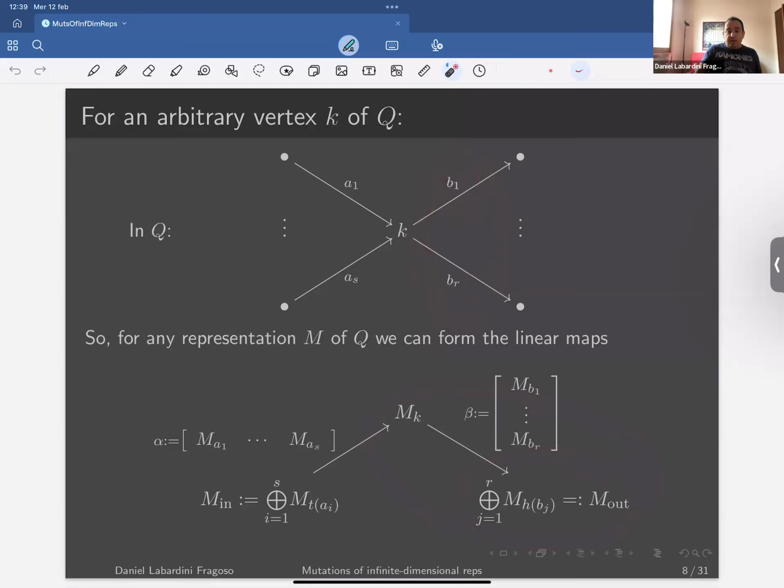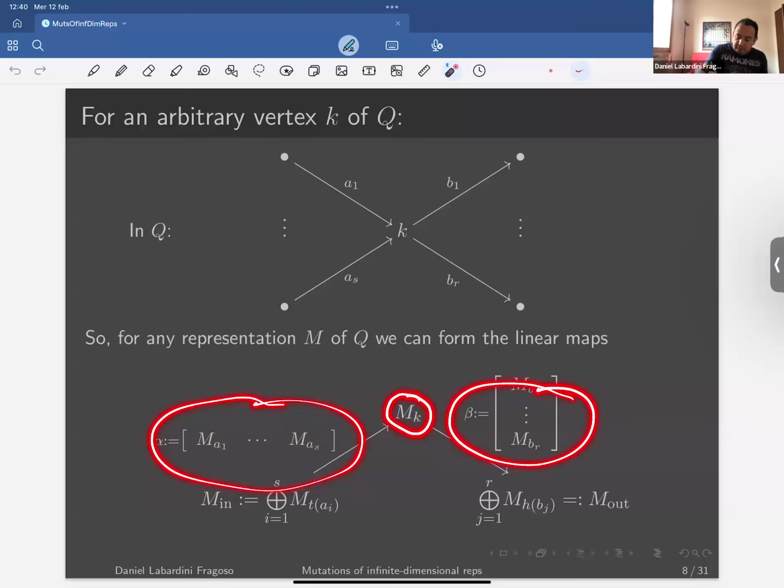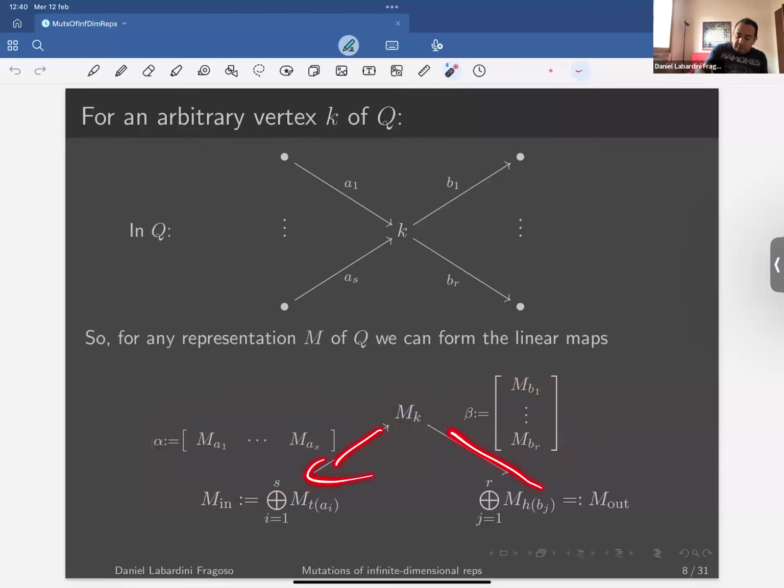Yeah, and then naively we can say, let's try to do exactly what Derksen, Weyman, and Zelevinsky do, namely let's try and replace this with something coming from the kernel of this and the co-kernel of this, and then reversing the arrows also by just including the kernel and projecting onto the co-kernel if possible.